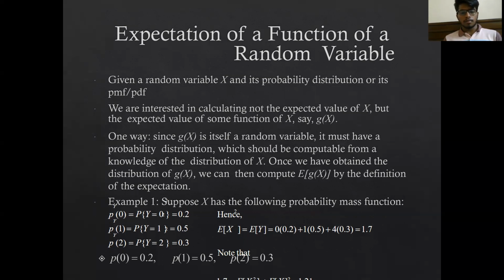Example 1: suppose X has the following probability mass function: P of 0 equals P of 1 equals 0.